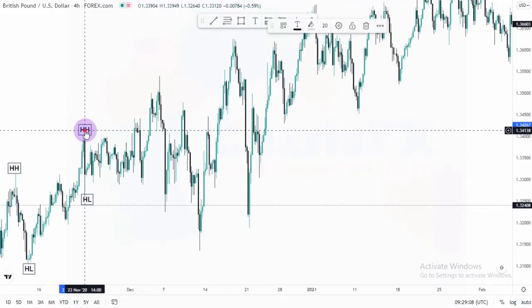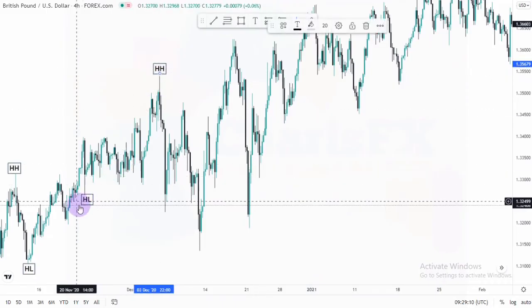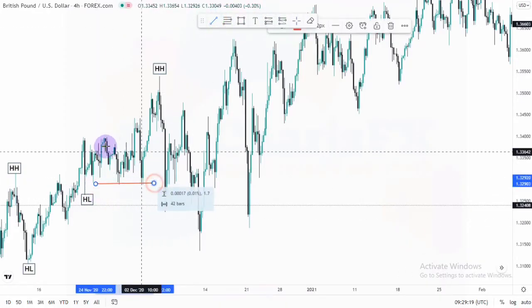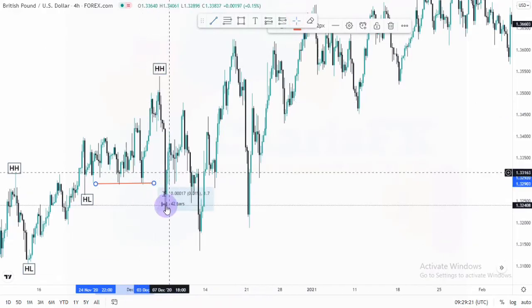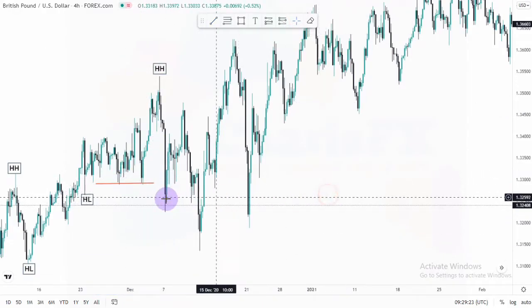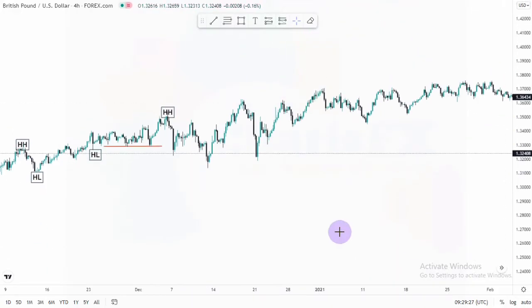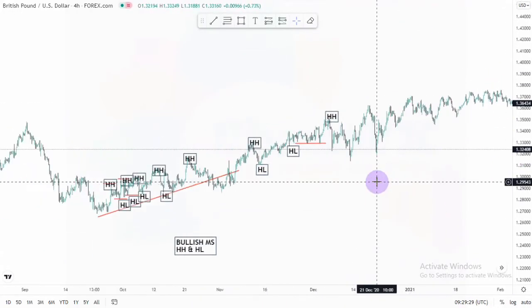Higher highs. Again, liquidity is residing below an equal low here. You can see that institutions took out liquidity here. It doesn't mean that the trend has changed. We are still bullish. Okay, we are bullish.